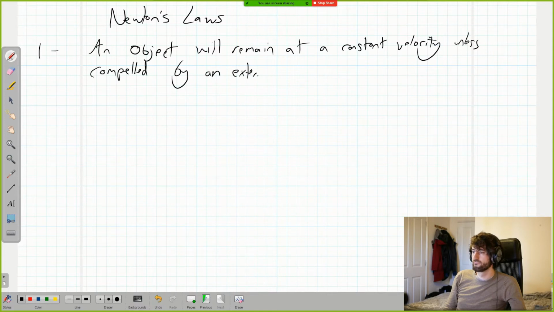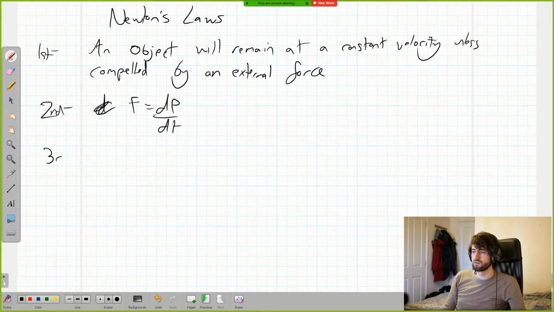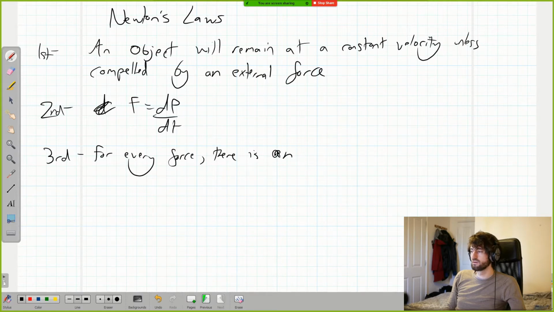This is not exactly how it's written. The second law is that F equals dp by dt. And Newton's third law is that for every force, there is an opposite force of equal magnitude.